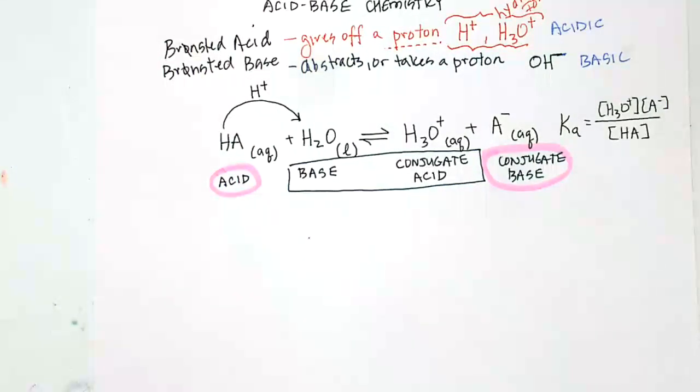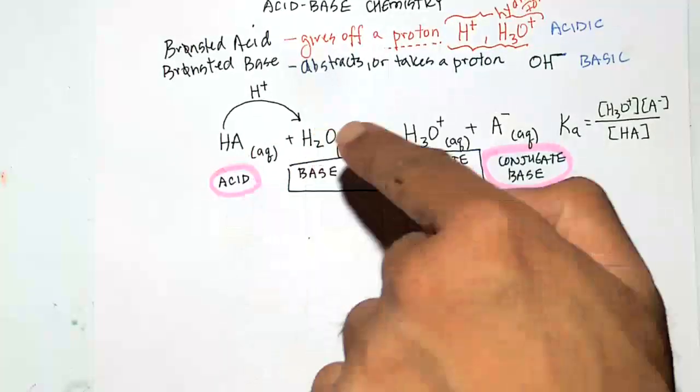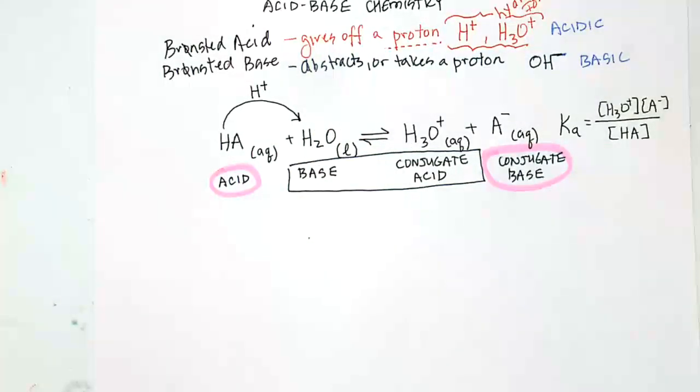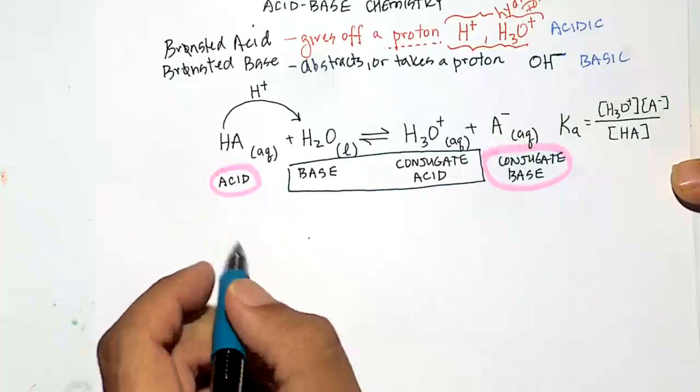That would be the general formula for a Brønsted acid. This is what happens when an acid reacts with water. We'll do the same thing for a base. I'm going to do the formula for the base.